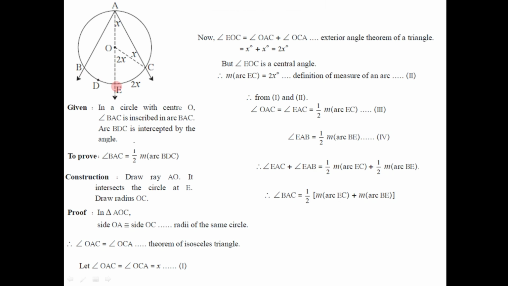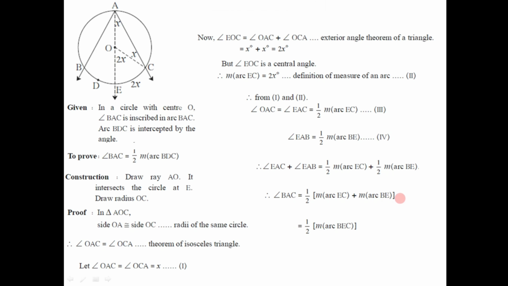So if we add these two angles EAC and EAB, we get angle BAC. So on the left hand side we have angle BAC is equal to half of the measure of arc EC plus the measure of arc BE. If we add these two arcs, we get arc BDC.